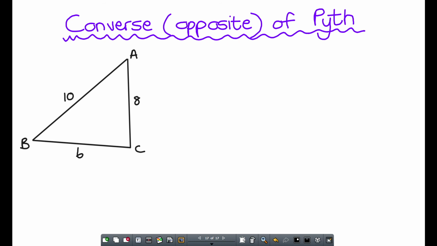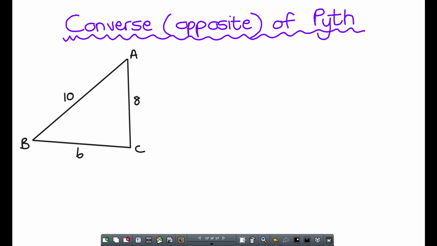Can you see that I give you all 3 sides? But what am I not giving you? What do we have to have when we use Pythagoras? It's a right angle. There's no right angle. So they basically want me to use the opposite, the inverse of Pythagoras, to prove that there would be a 90 degrees angle here. Right?